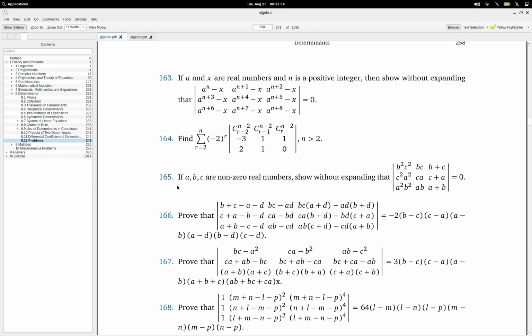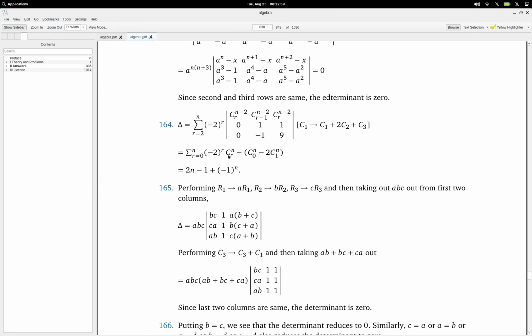Question 165 says that if ABC are, I'm not sure this might be correct, there may not be need of bracket. Let me verify this once. So this is sigma that, and we evaluate against this, and this is 0.